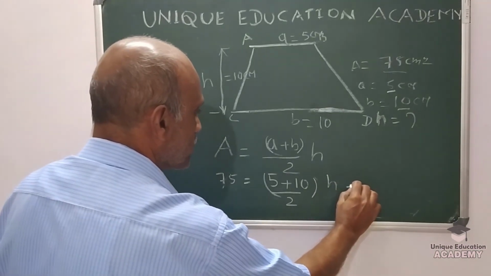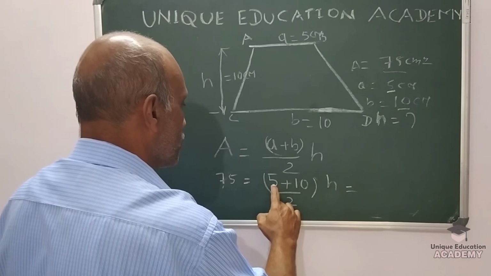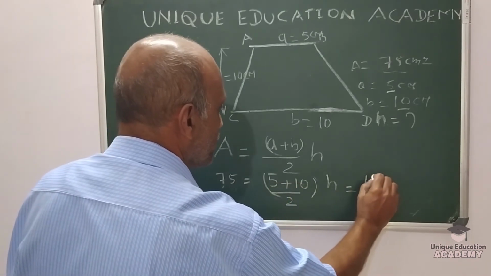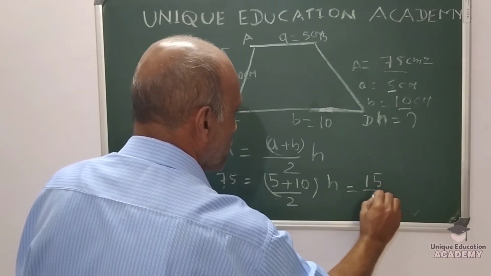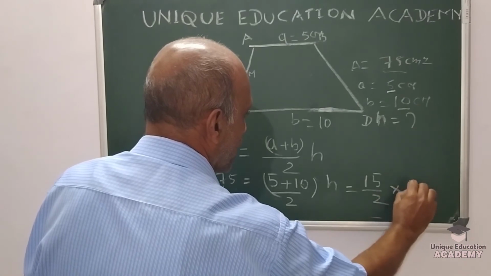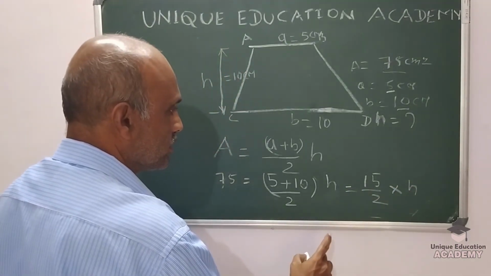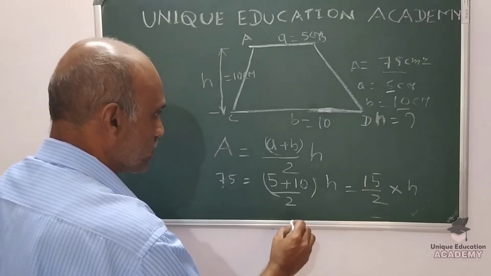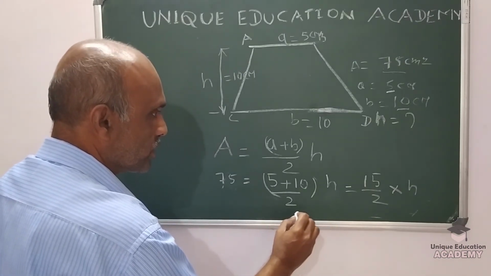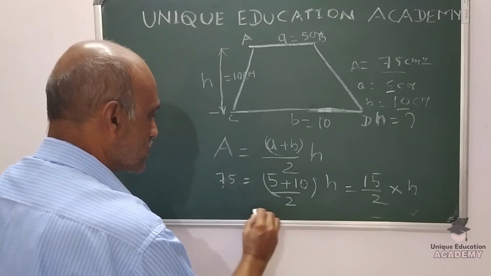Now after further simplification, 5 plus 10 is 15 by 2 and keep h as unknown. We are supposed to find the value of h. Then we have to cross multiply in order to find the value of h.